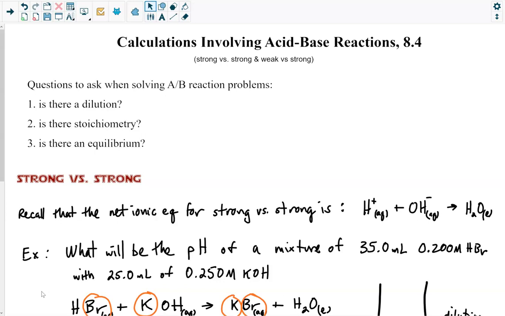Maybe you haven't neutralized all of the acetic acid with the amount of NaOH you added. Maybe it's at the equivalence point. Maybe you've added enough NaOH that all of the acetic acid has been neutralized and you have excess hydroxide.